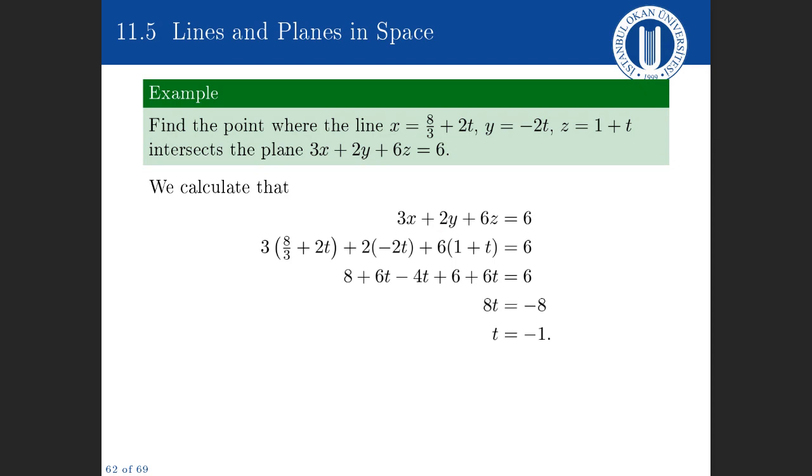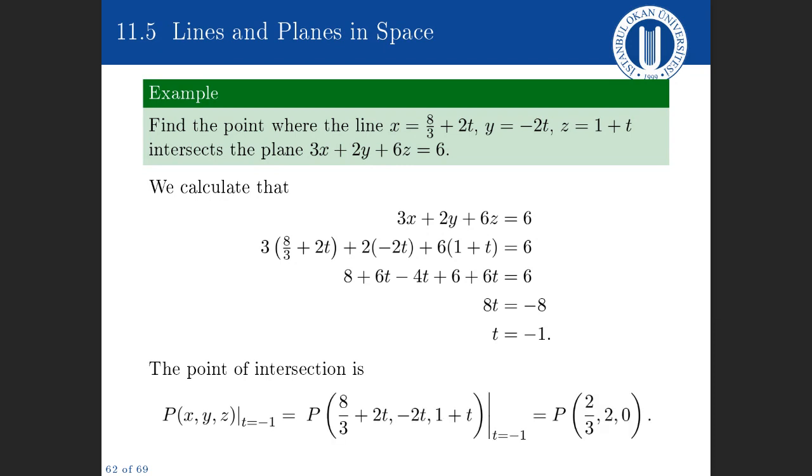And we end up with t equal to minus 1. The line intersects the plane when t is equal to minus 1. So the point of intersection is the point (x, y, z) when t is equal to minus 1. That's 8 over 3 plus 2t, comma minus 2t, comma 1 plus t, when t is equal to minus 1. And you can check that that's the point (2 over 3, 2, 0).